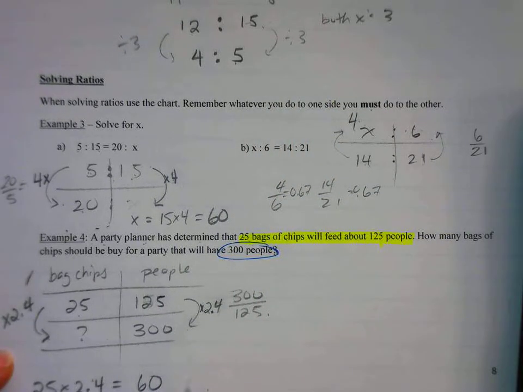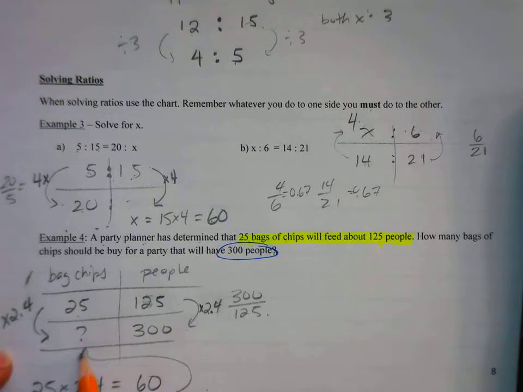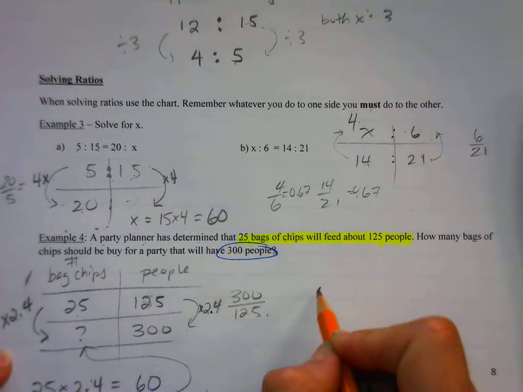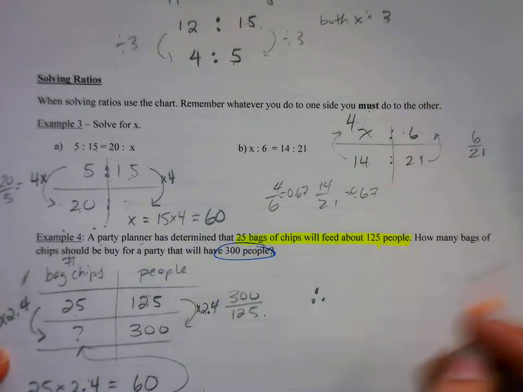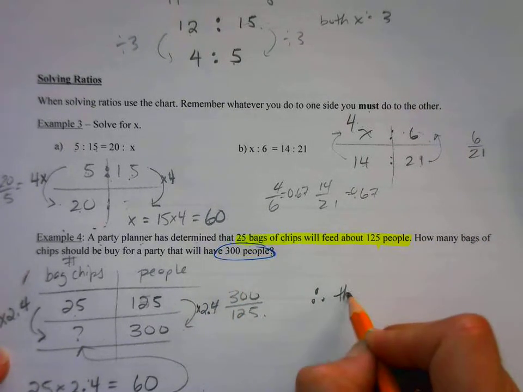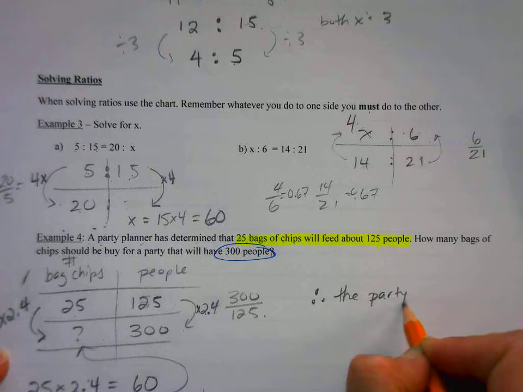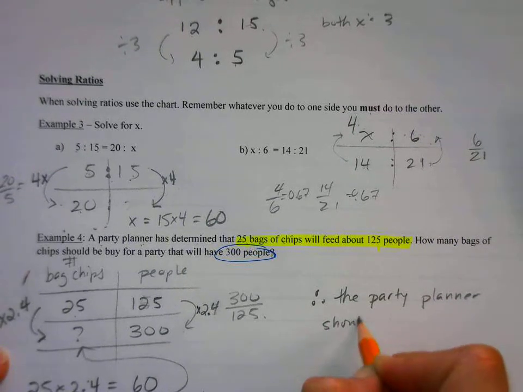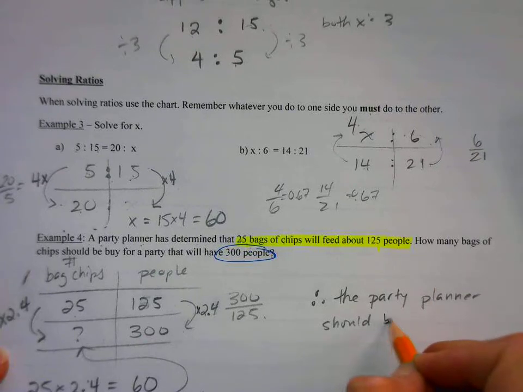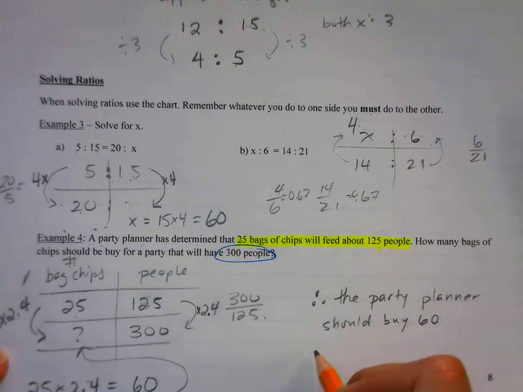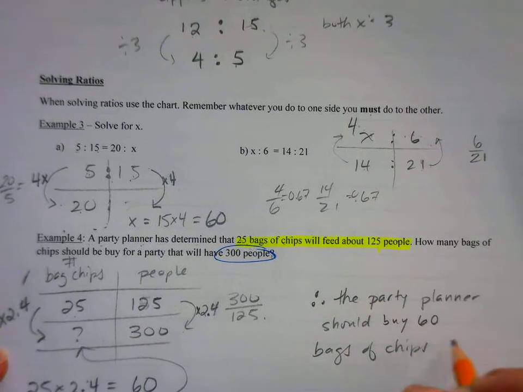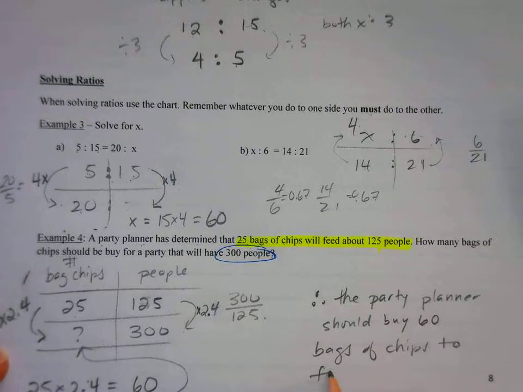So you have to remember, what does this represent? Well, this represents the number of bags of chips. So therefore, does it say who? No, the party planner should buy 60 bags of chips to feed 300 people.